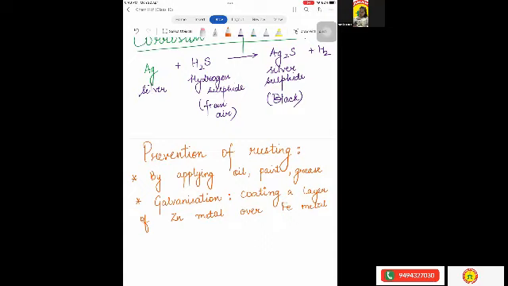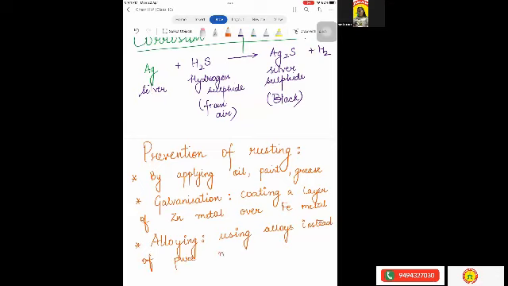The next is, does anyone know any other point to prevent the process of rusting? Yes, alloys. Very good. Alloying. So basically, using alloys instead of pure metals.